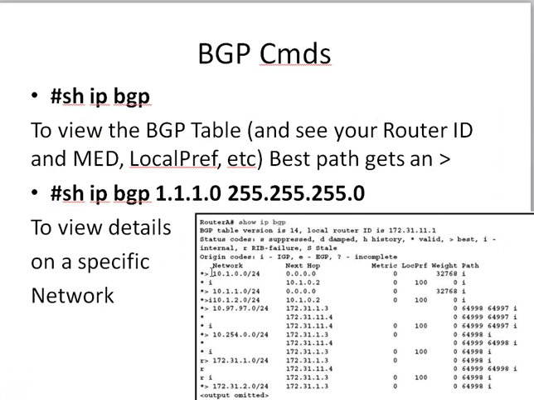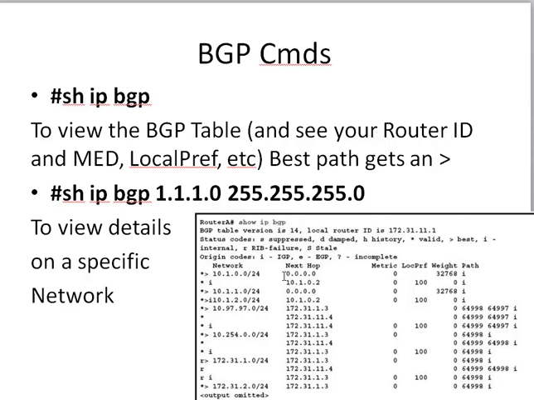So what are we doing right here? For example, I have two entries here to get to this particular network, 10.1.0.0/24, and the little arrow here marks the best path to get to that network.